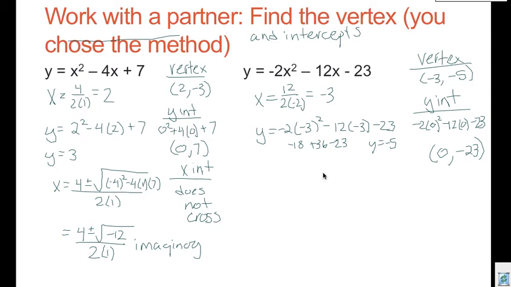I'll leave that up to you guys, any method to find the x-intercepts. Usually if it looks like a messy one, I jump to the quadratic formula. This one might not be bad for completing the square, except you see that this would be a fraction if you divided everything by negative 2. So then I wouldn't do that one. So I'd try factoring or the quadratic formula.